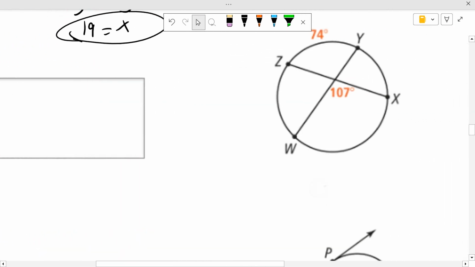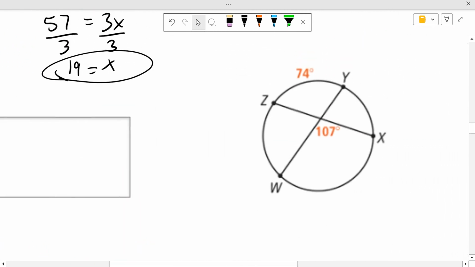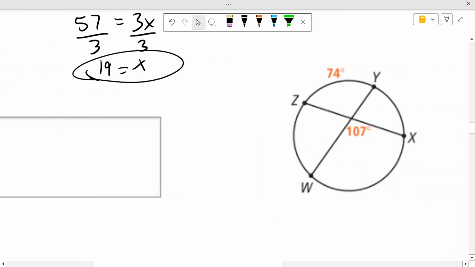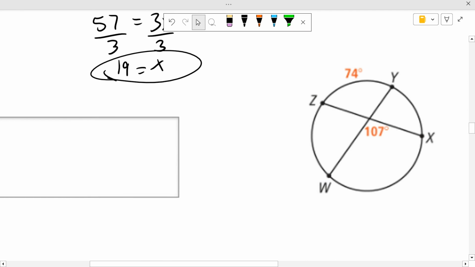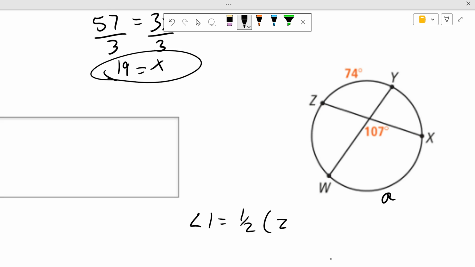When the angle's on the inside of the circle, and we want to find WX here, so let's just put A here. We want to find A. The angle, like angle 1, equals 1/2 of the two arcs, ZY and XW, added together. Correct? Because when the angle's on the inside, we add.